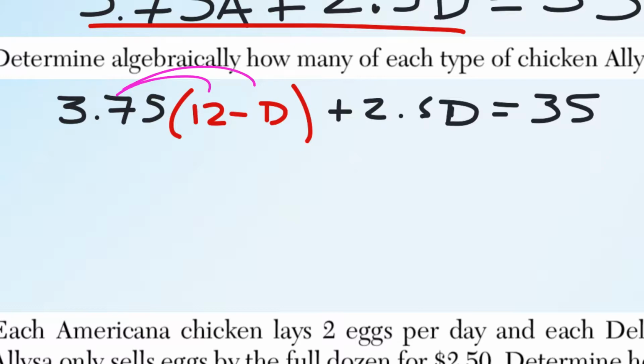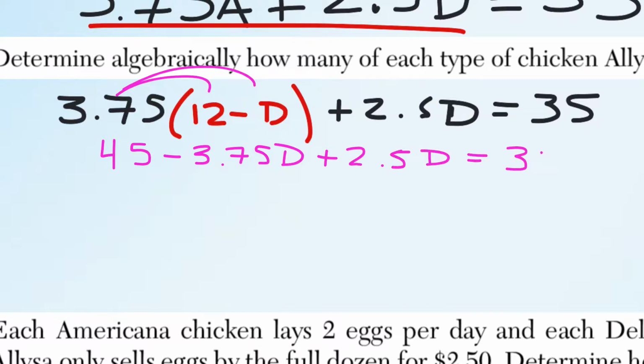So 3.75 times 12 is 45. Then it's going to be minus 3.75D plus 2.5D equals 35. Great. Next, we can combine these two terms here. Negative 3.75 plus 2.5 is negative 1.25D.